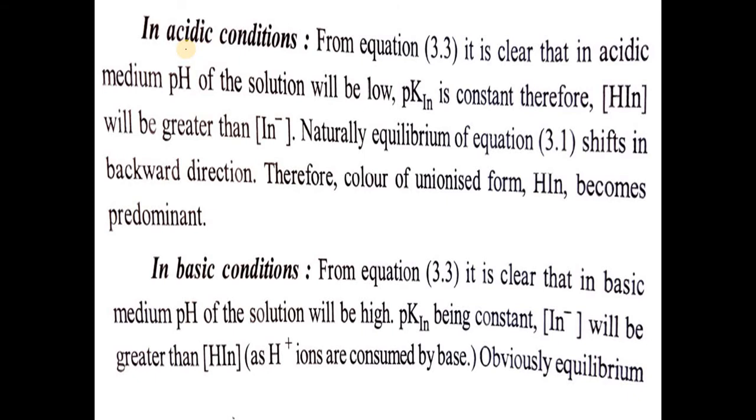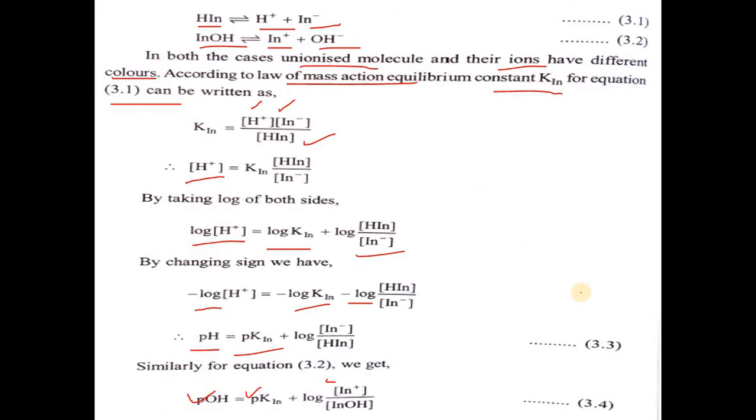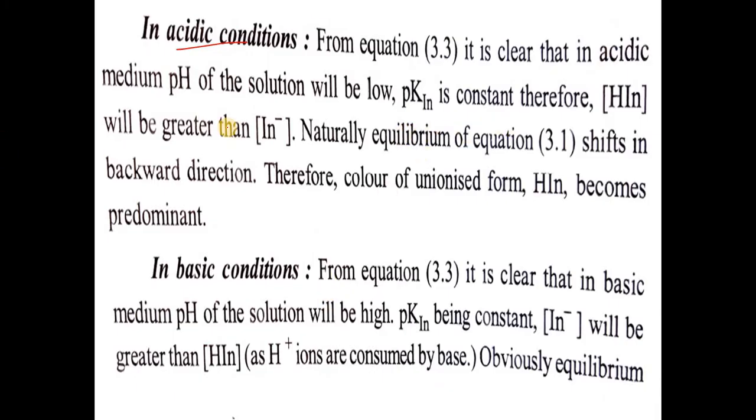So in both conditions we will see. In acidic condition, from equation 3.3, that is pH = pKIN + log [IN⁻]/[HIN]. From the equation it is clear that in acidic medium the pH of the solution will be low, and pKIN is constant, therefore the concentration of the denominator HIN will be greater than the numerator IN⁻.